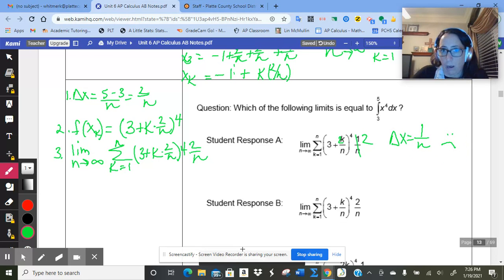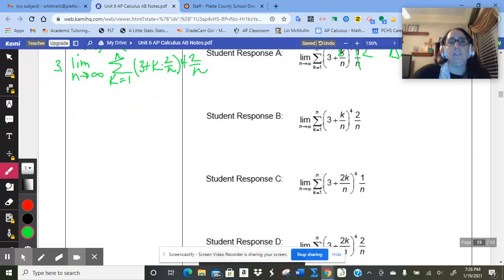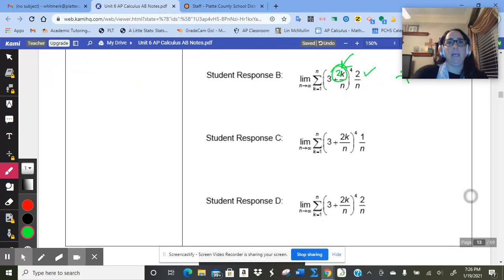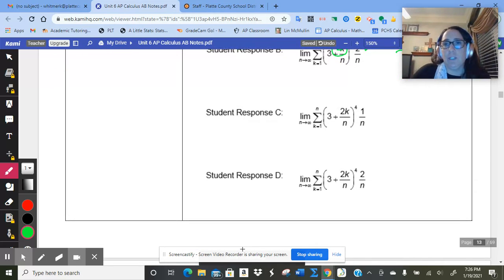And this person, they got the 2 over n here for the delta x, but they didn't get it here. They did not get that part right there. Okay, student C. She said the 2 was good here, but left it off here.